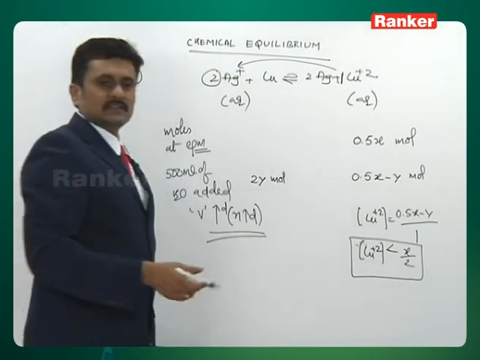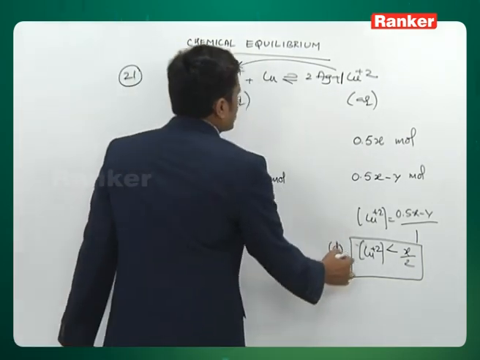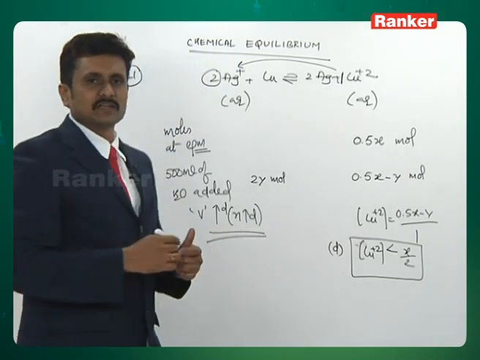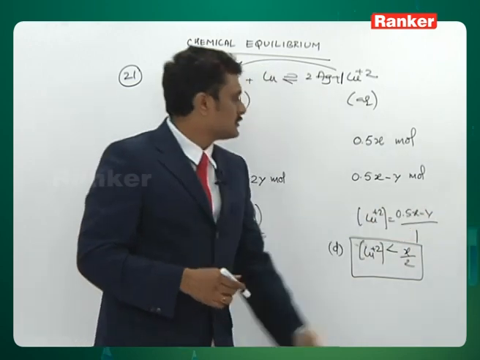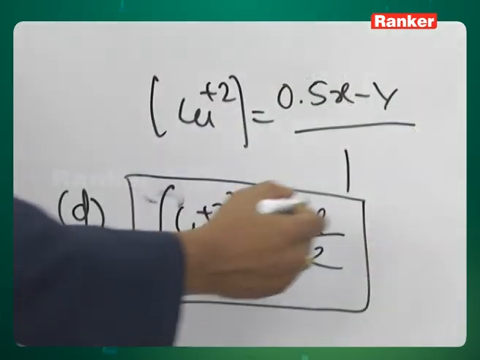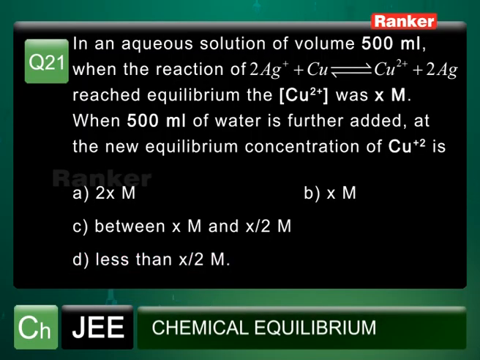I mean to say the correct option for this question will be option D, where the concentration of Cu+2 at new equilibrium is less than x by 2, that is x by 2 minus y. You can see here this value is equal to x by 2 minus y. So, the new equilibrium concentration of Cu+2 will be less than x by 2.